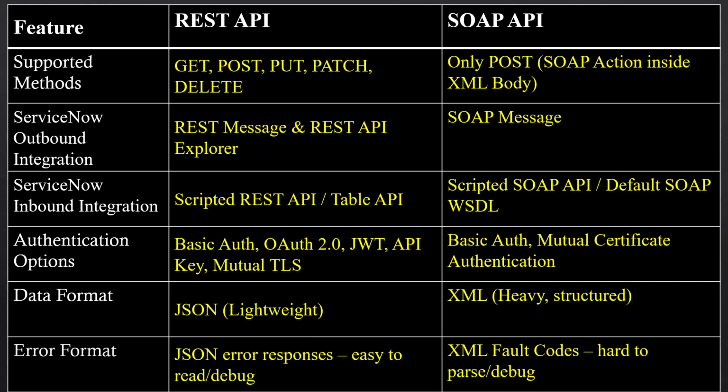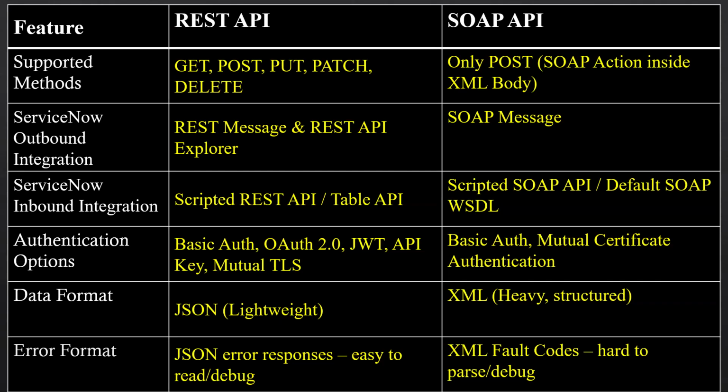For ServiceNow outbound integrations, REST uses REST Message and REST API Explorer, while SOAP uses SOAP Message. In the case of a REST API outbound integration, if we give the endpoint URL, HTTP method, headers, and JSON body, we can test using the REST API Explorer.